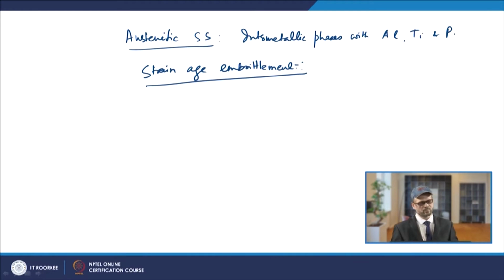So, strain age embrittlement is another possibility in heat affected zone formation.